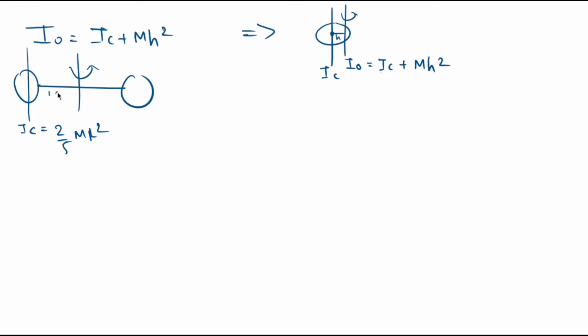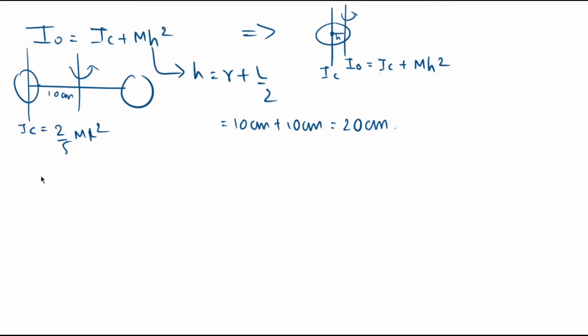So this will be 10 centimeter, and this is the radius, which is 10 centimeter. So we can say that our h can be written as radius of sphere plus L by 2, which is 10 centimeter plus 10 centimeter, which is 20 centimeter.